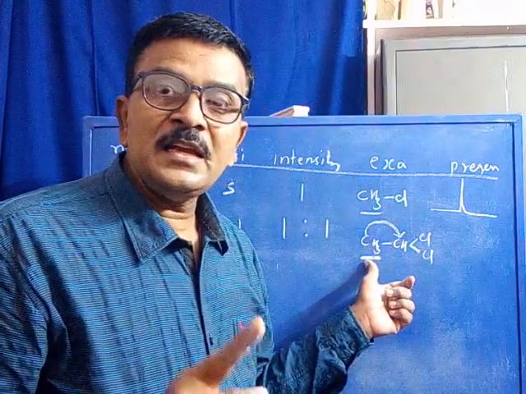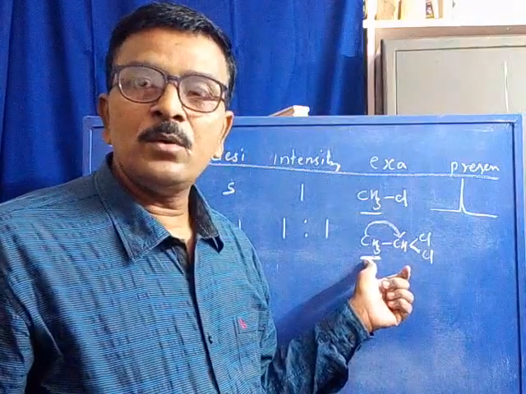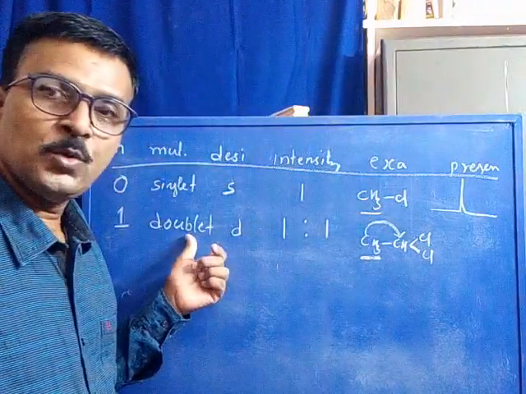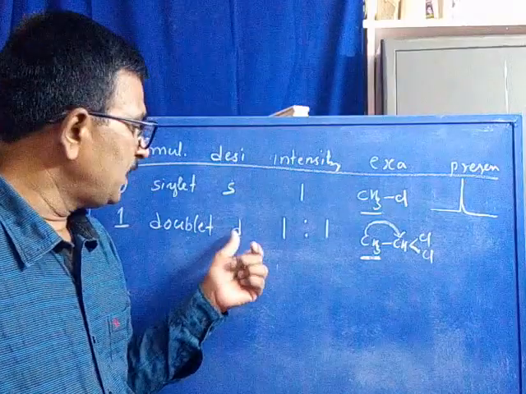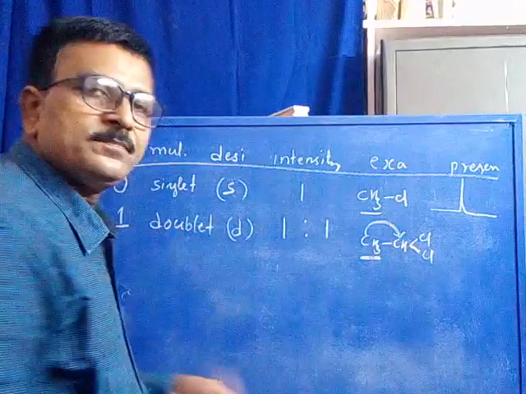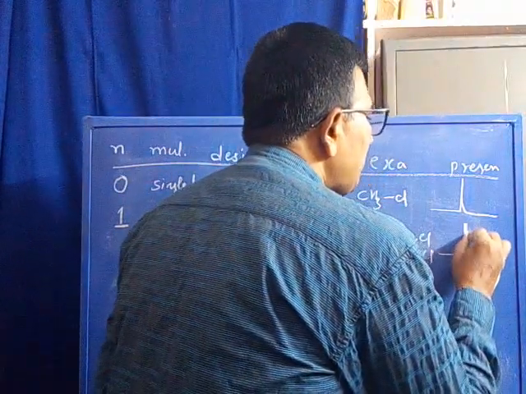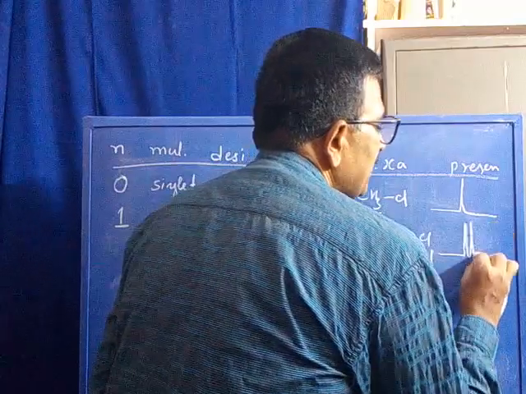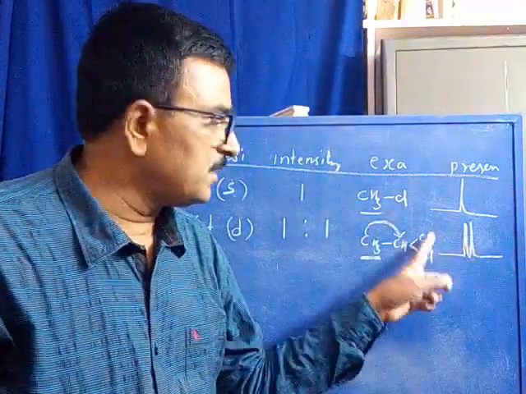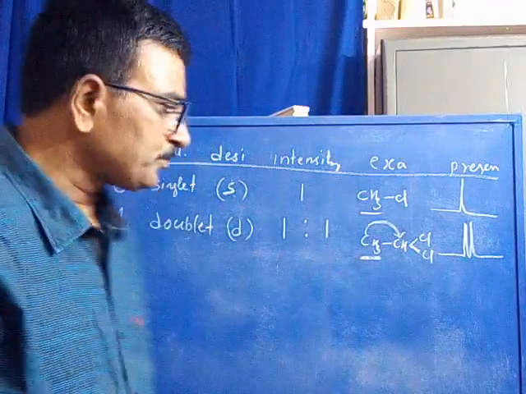Therefore, according to the n plus 1 rule, 1 plus 1 is equal to 2 lines. It is split into a doublet. A 2-line signal is called a doublet, designated with a small d within parentheses. A doublet signal is represented in this way: the two lines, this is one signal, with equal intensity, 1:1 ratio.